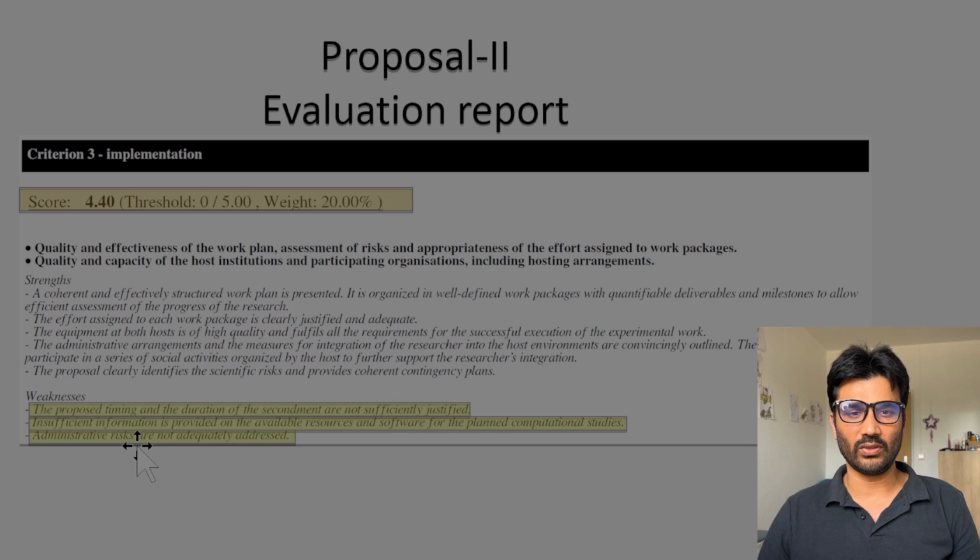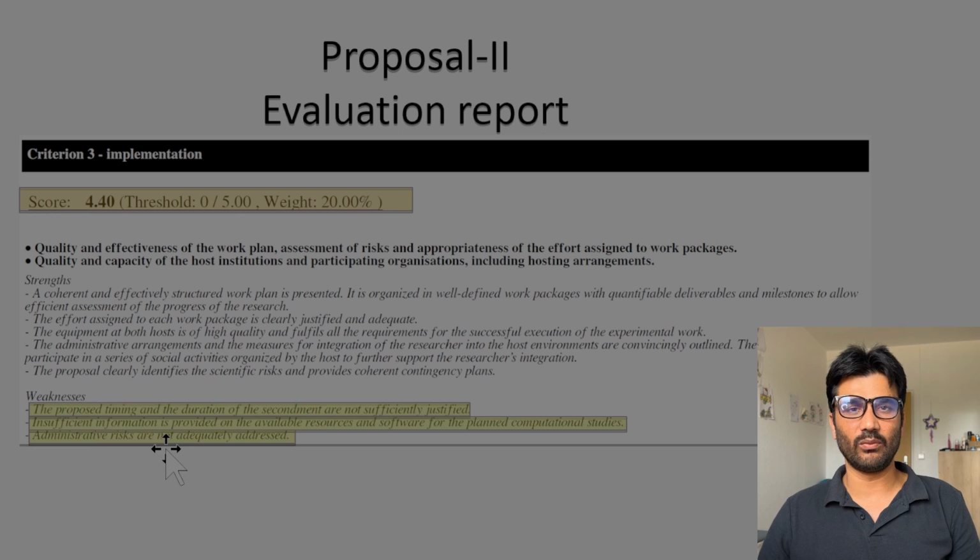They also mentioned insufficient information is provided on available resources and software for planned computational studies. Although I mentioned the resources that I will use, I'm not sure how well I should write that. Maybe they wanted it in a clearer way. And then administrative risks are not adequately addressed.